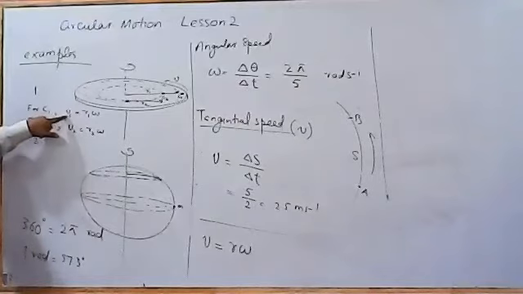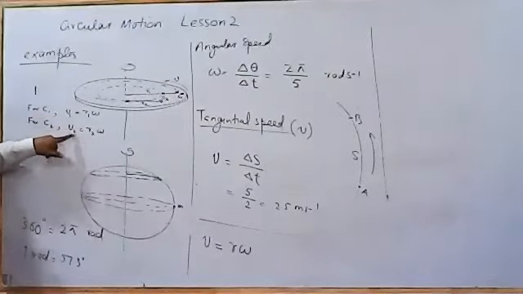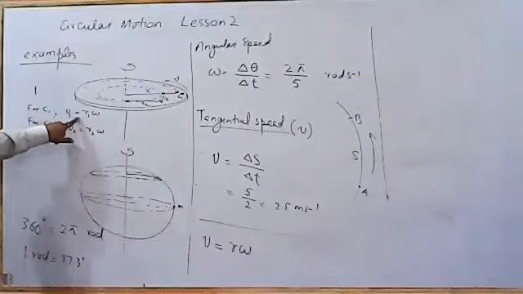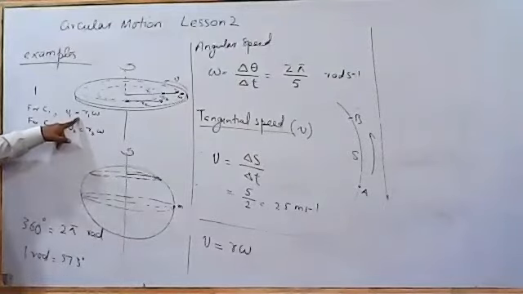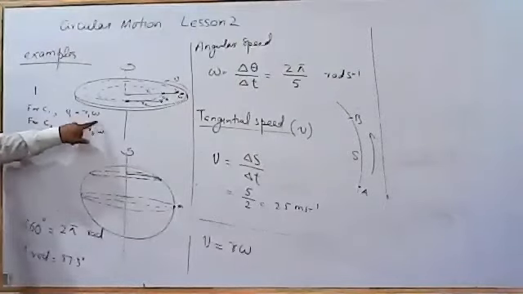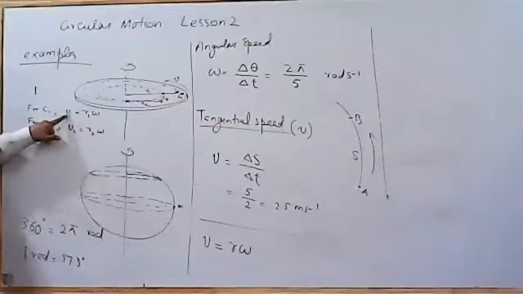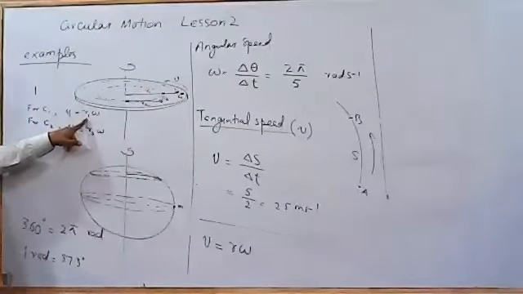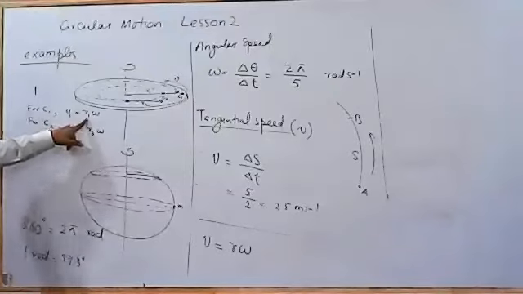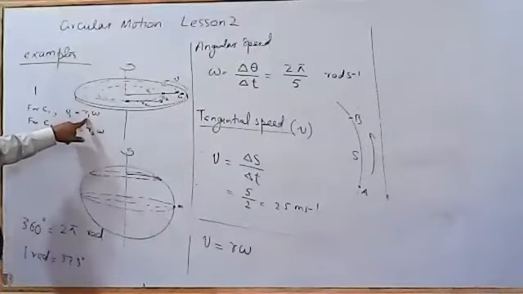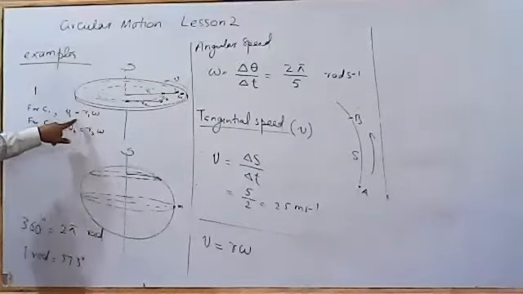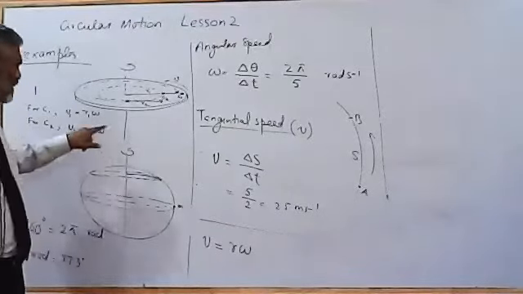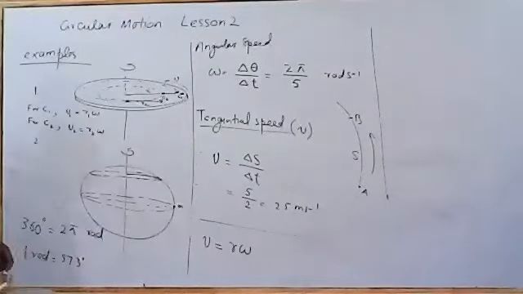In one case it is V1, and in the other case it is V2. And you can easily guess which coin will be moving faster. Obviously, with omega same in the two cases, the one further away from the axis will be moving faster. So if an object is moving in a bigger circle of radius R1, it must be moving faster even though the disk is having the same angular speed.